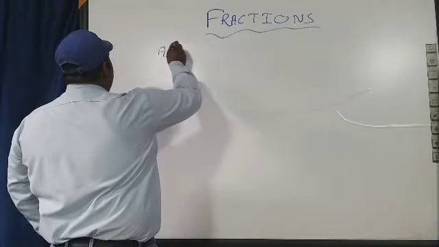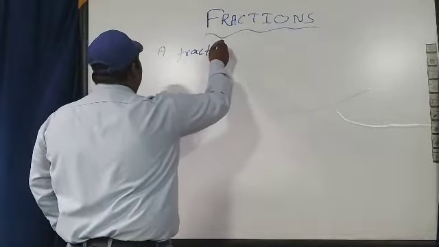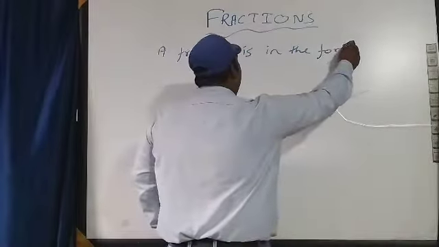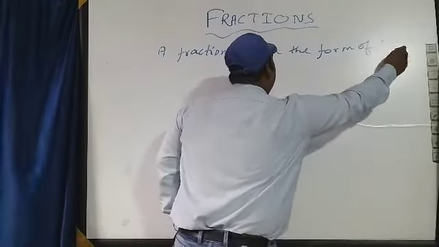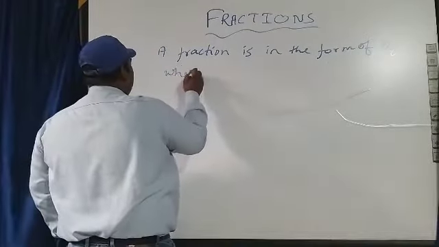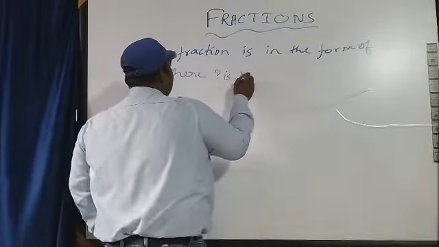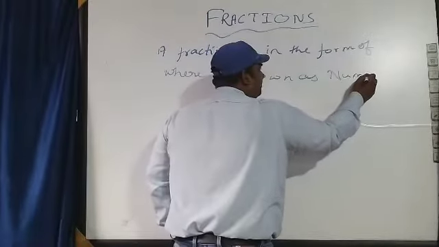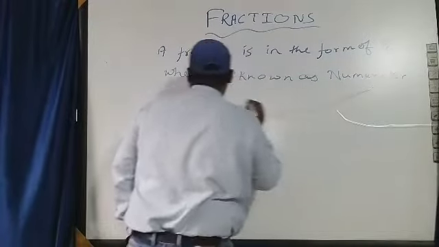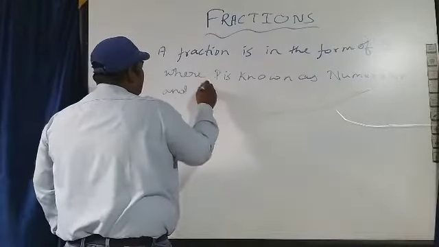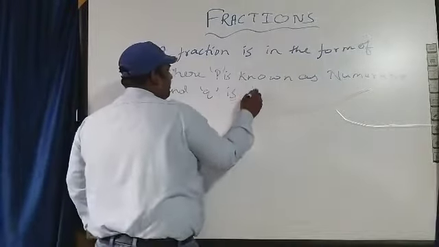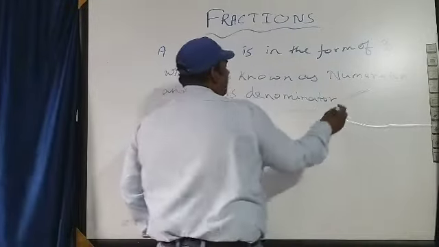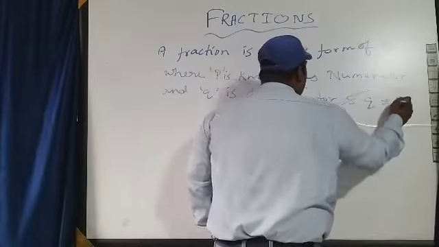See, a fraction is in the form of p by q, where p is known as numerator and q is denominator, and q is not equal to 0.